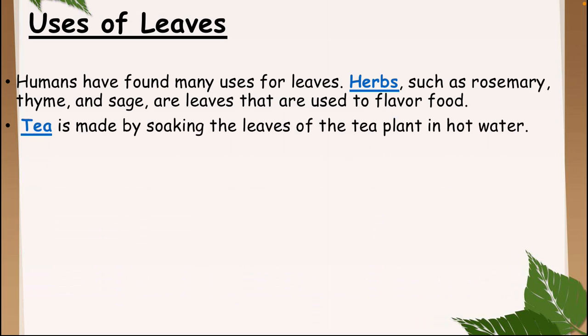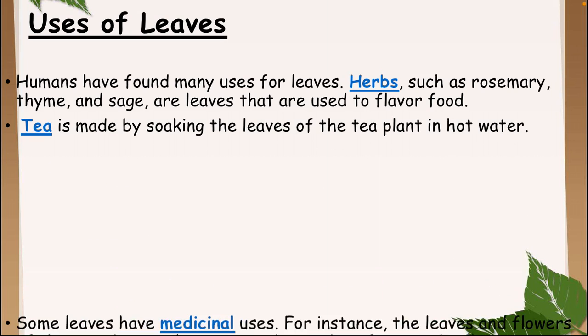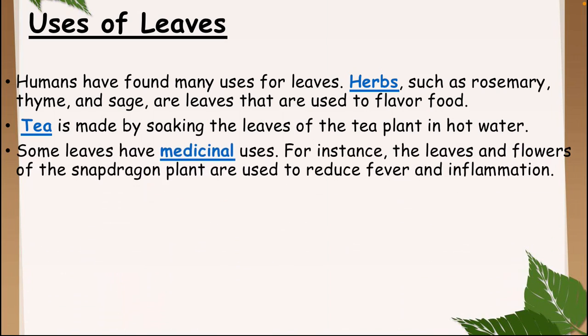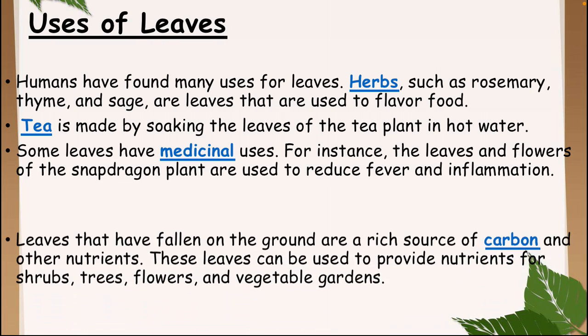So the tea we drink also comes from leaves. Some leaves have medical uses. For instance, the leaves and flowers of the snapdragon plant are used to reduce fever and inflammation. So we use leaves in our medicines also.